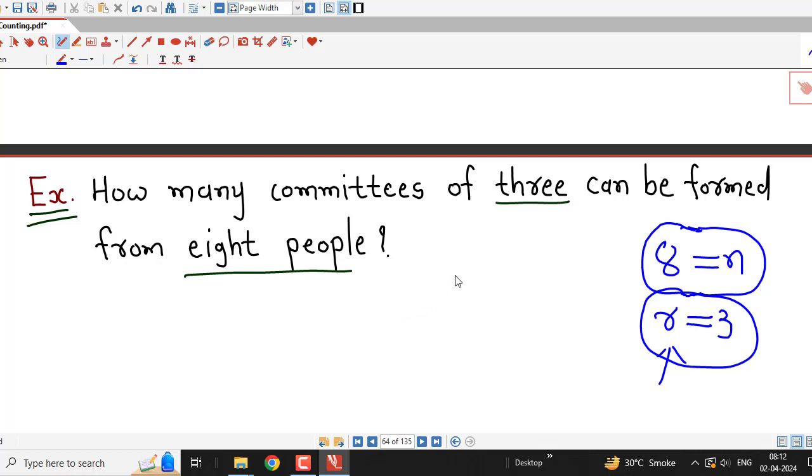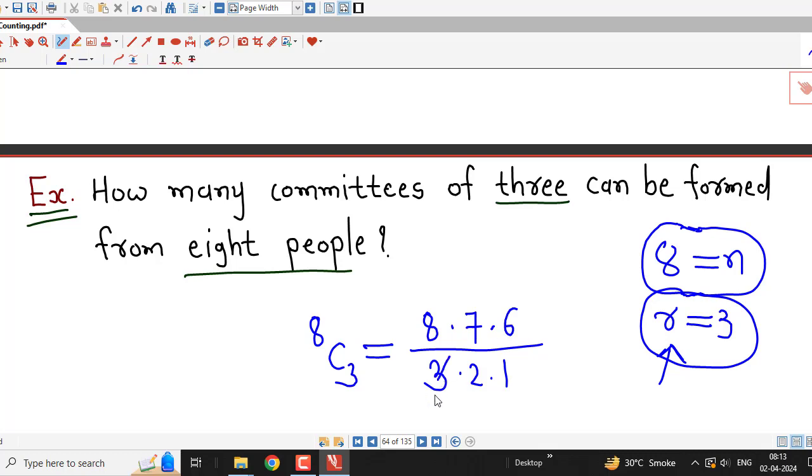Therefore, this is a problem of combination. So we have to decide the number of combinations of 8 objects taken 3 at a time, and that is given by 8C3. And this we can calculate as, because I have 3 here, I write 8 here, and 3, 2, 1 here, 8, 7 and 6. So this 6 will get cancelled and we have 56.